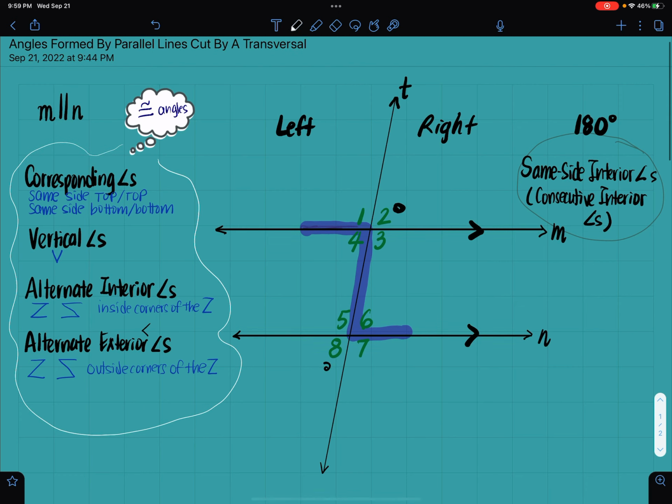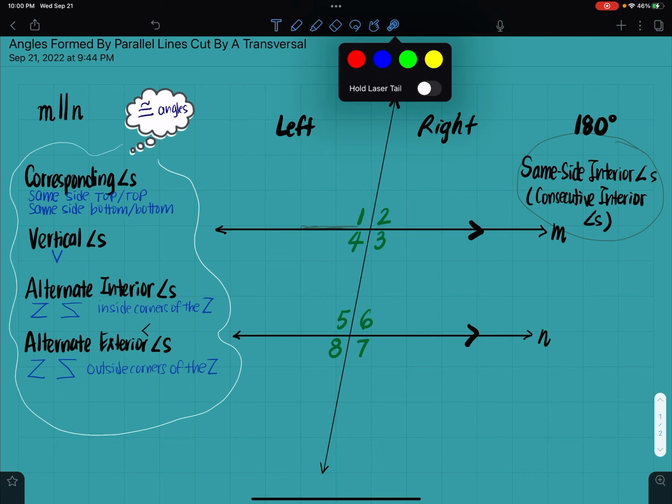And so this is the outside corner of the Z. So angle 2 is congruent to angle 8 by alternate exterior angles. So all the angles I discussed right now, these are all congruent angles. They're all the same.